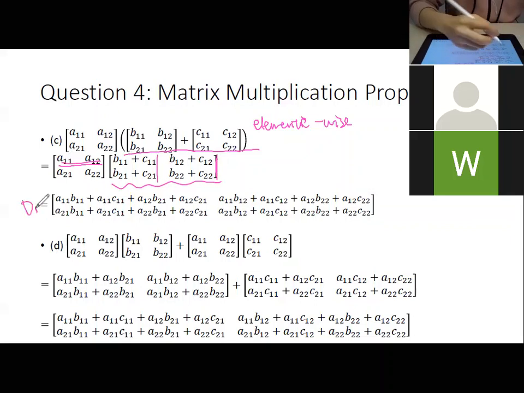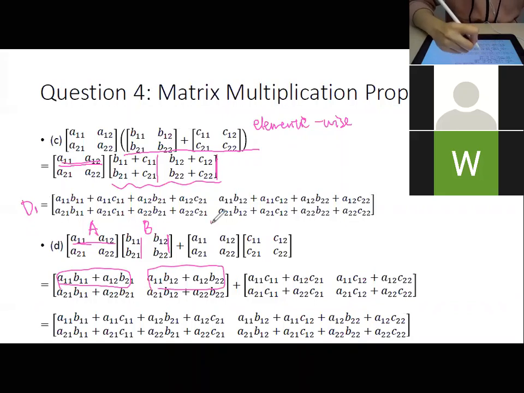Then in question D, we do the matrix multiplication separately first. Again, we do A times B, first row, first column, to get this one. Then first row, second column, to get this one. And it's A times C, first row, first column, this one.